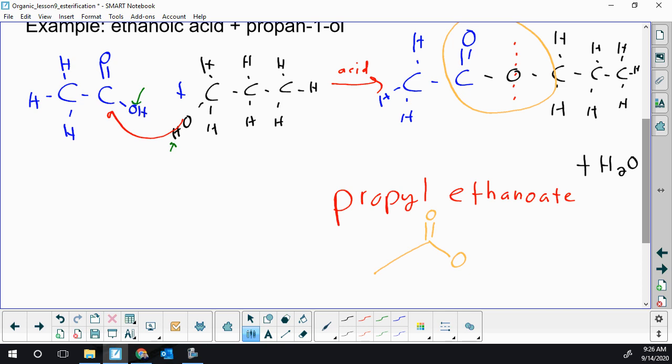So now we're at the O that has the red dotted line through it, and now there's 3 carbons. Okay. I put my line next to the O, but I don't say a number because there's an O there. 1, 2, 3. And that would be our propyl ethanoate.